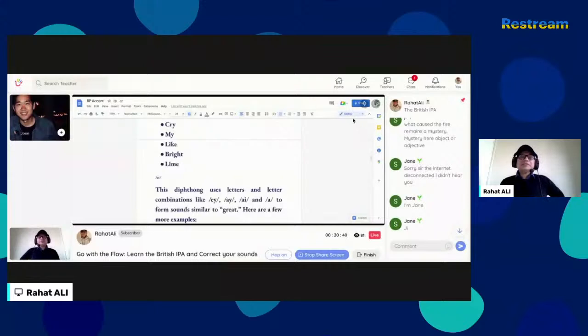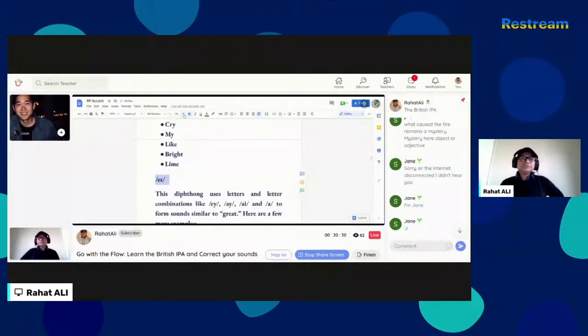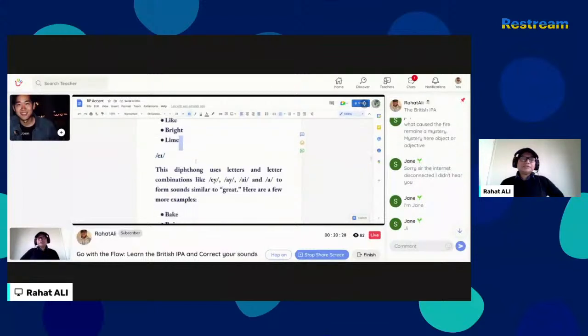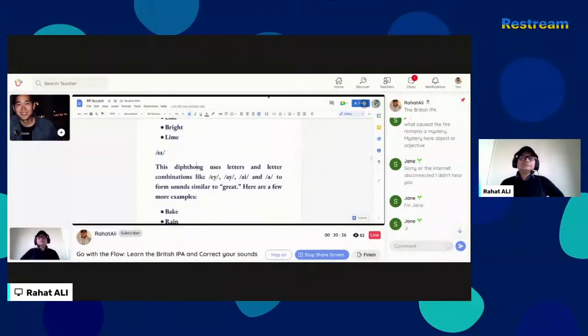Okay, and the next diphthong sound is E and I together. And how does it sound?